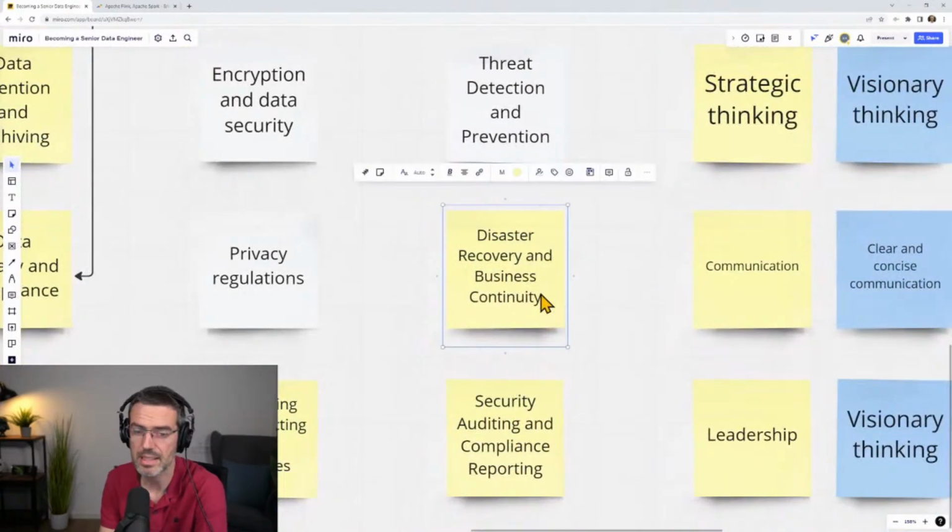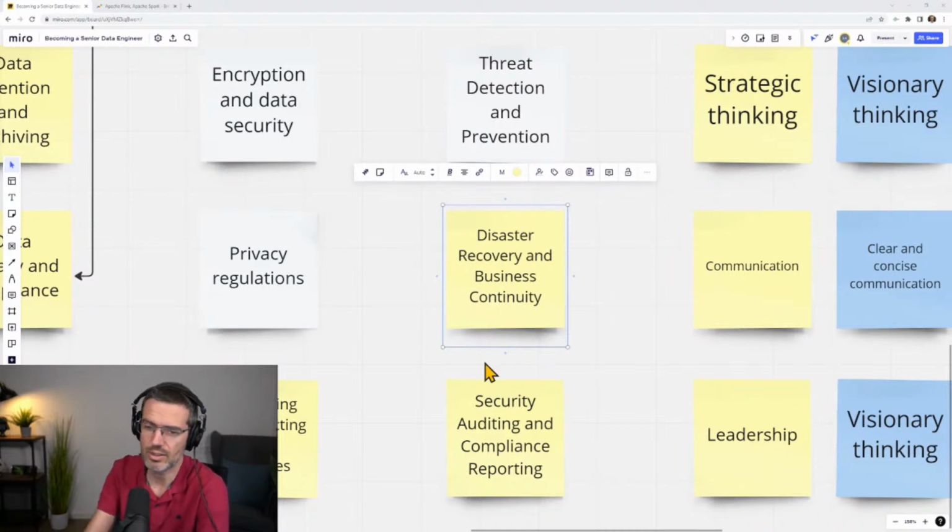Disaster recovery, that's actually interesting. Disaster recovery. The senior data engineer should be able to design and implement disaster recovery and business continuity plans to ensure that data is protected in the event of a disaster or system failure. That's actually something that you need to think of whenever you design a platform, right?